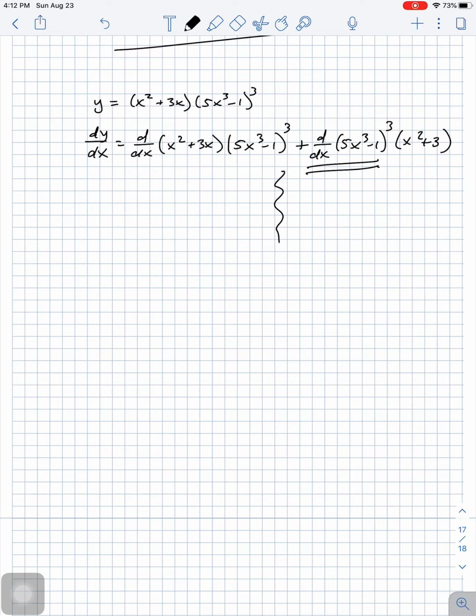However, if you want, you can take the natural log of both sides, again, before you take the derivative.